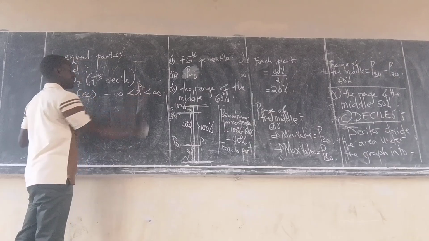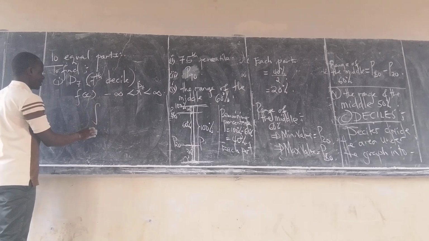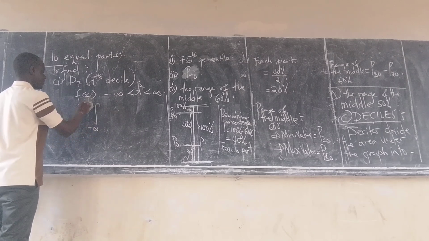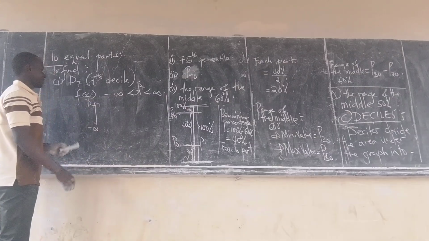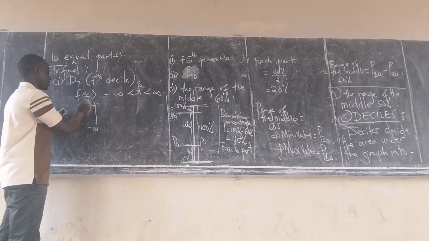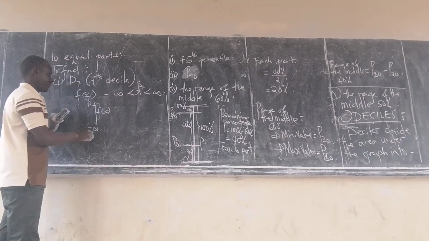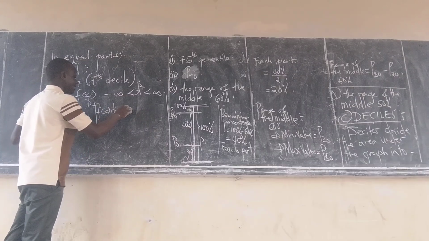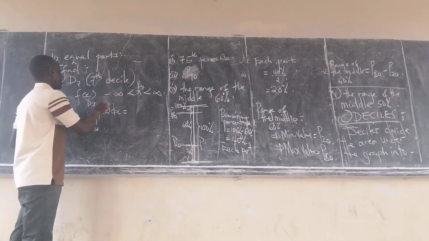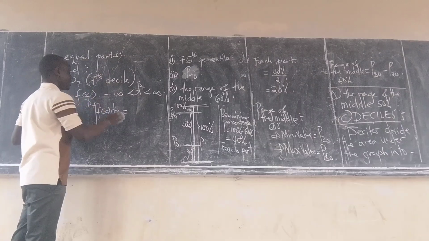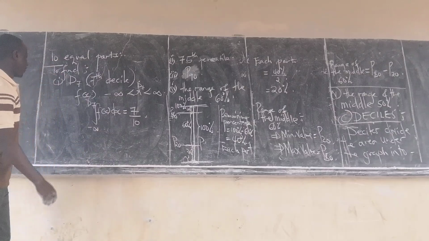If D7 is there, it means when you integrate the PDF with respect to x from negative infinity up to D7, because this is dividing data into 10 equal parts, you get 7 divided by 10. So the answer should be 7 over 10.